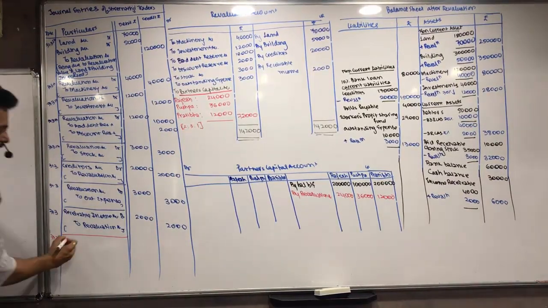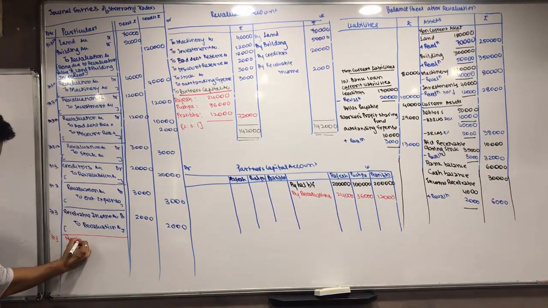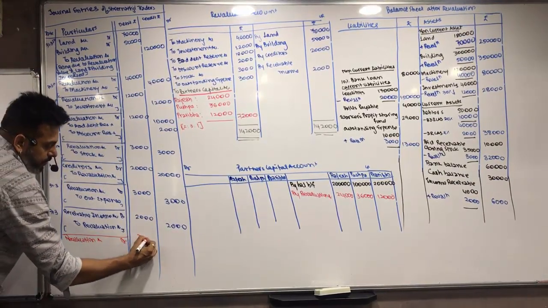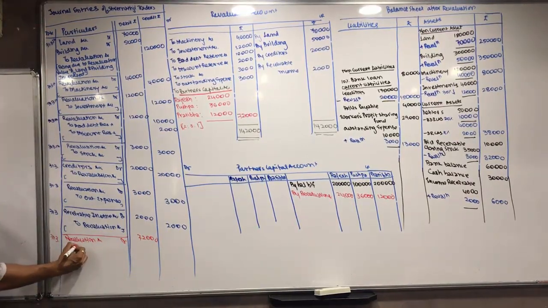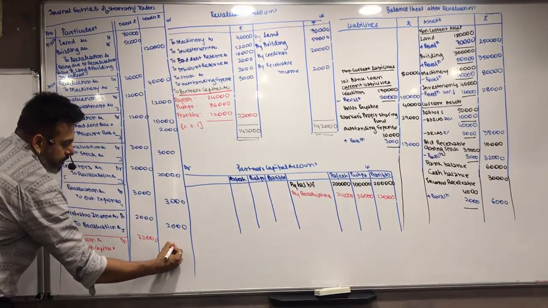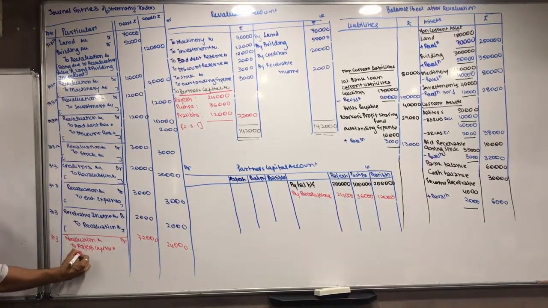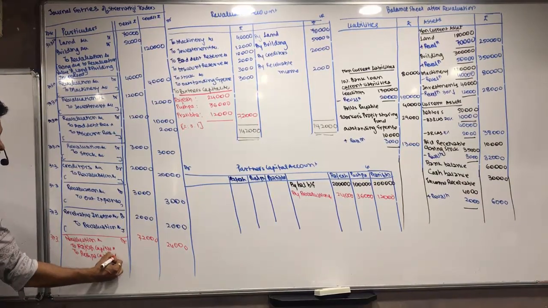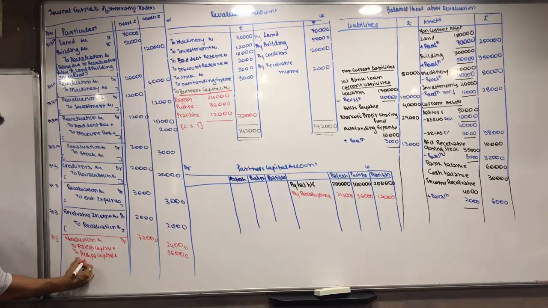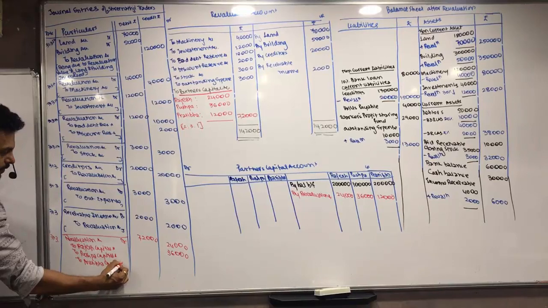See the entry: revaluation account debit 72,000 to Rajesh capital account 24,000, to Pushpa capital account 36,000 and to Pratibha capital account 12,000.